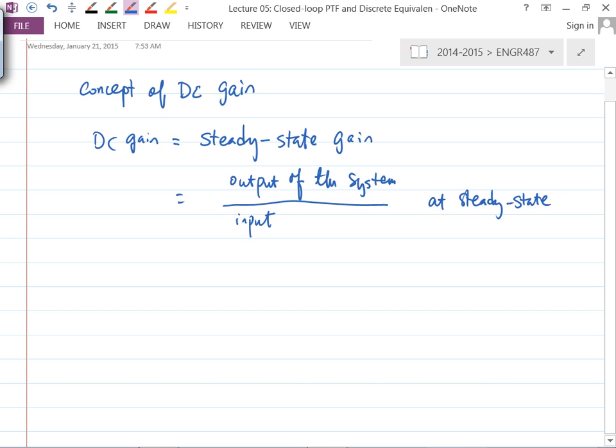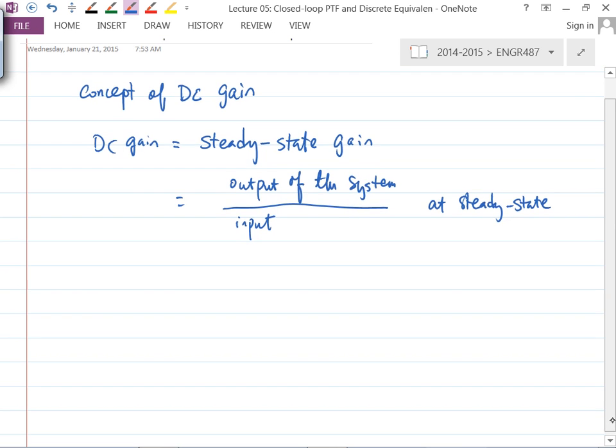Okay, so we're basically dealing with a discrete system. Let me give the example that we will be dealing with here. Let's say we have a zero order hold, and then we have a plant.